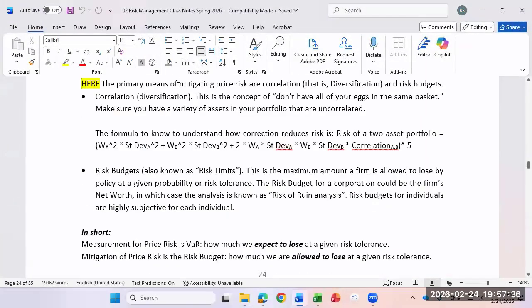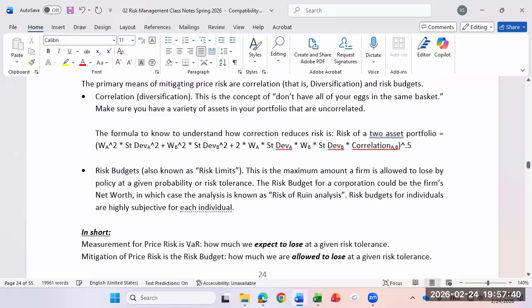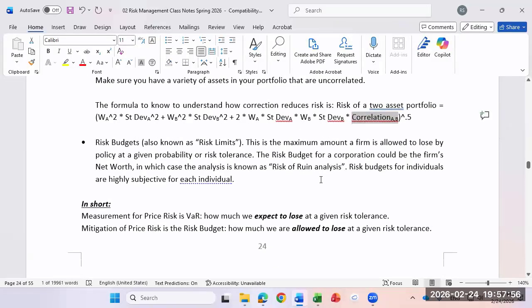All right, so here we're talking about what happens to putting together a portfolio when you start bringing in this concept of correlation, diversification. So you don't want to have all of your eggs in one basket. And what that means is you don't want all of your assets to have a correlation of one. You want to have something less than one, and that reduces your risk without impacting your return, so that risk and return starts shifting to the left.